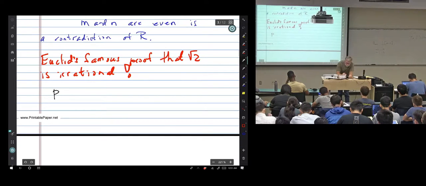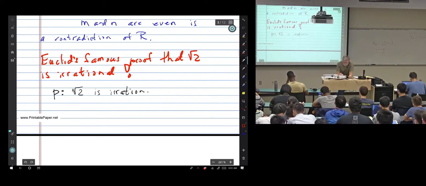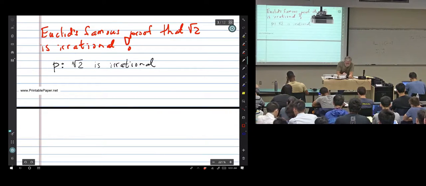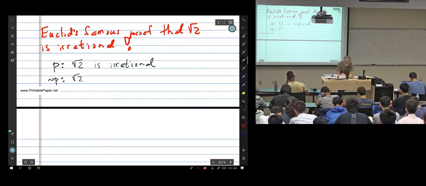So, here's our statement, P: square root of 2 is irrational. Not P would be square root of 2 is rational.